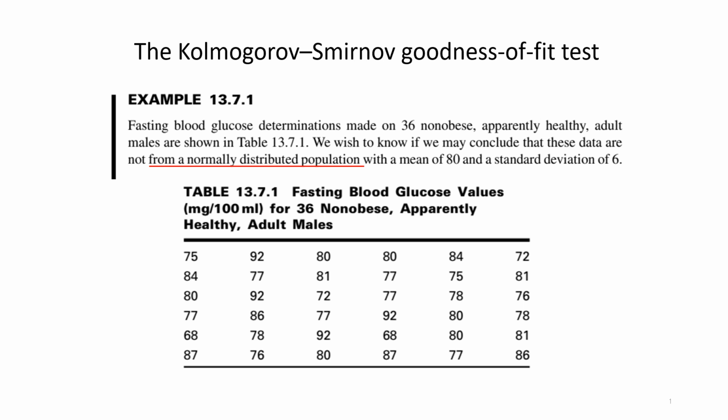Then we have data. This is the data about fasting blood glucose values, taken from 36 non-obese, apparently healthy adult males. Here we just want to check whether this data follows a normal distribution.